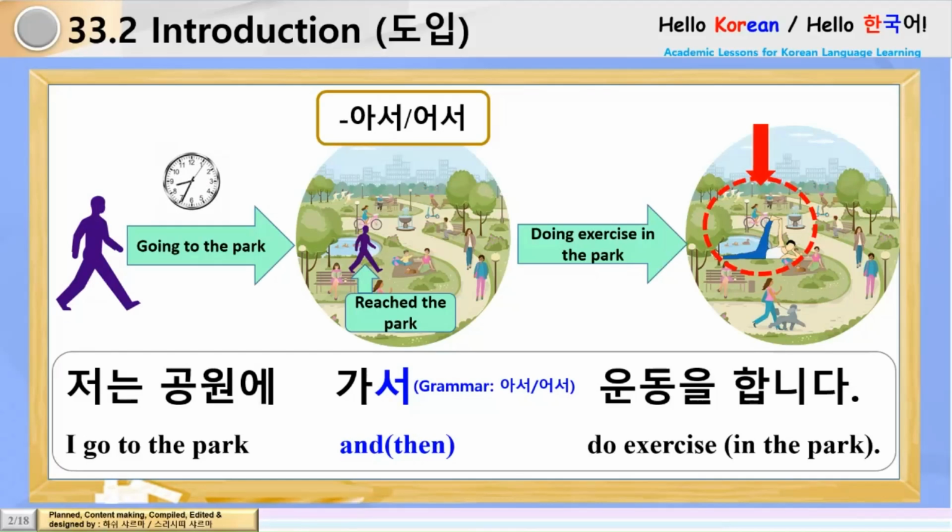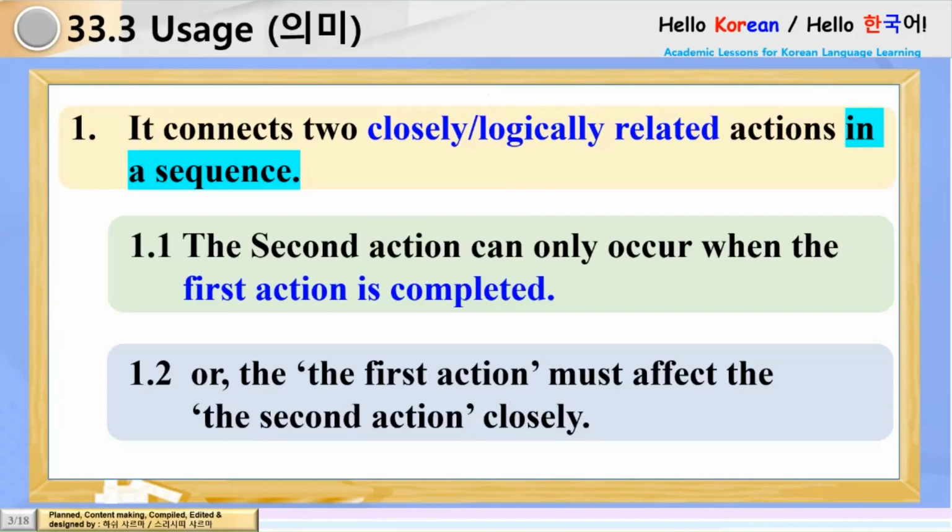Next. Now let's understand the meaning and usage of this grammar in more detail. First, it connects two closely, logically related actions in a sequence. But the point which we have to memorize is, the second action can only occur when the first action is completed, or the first action must affect the second action closely.